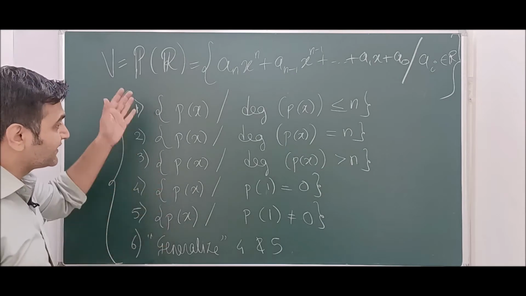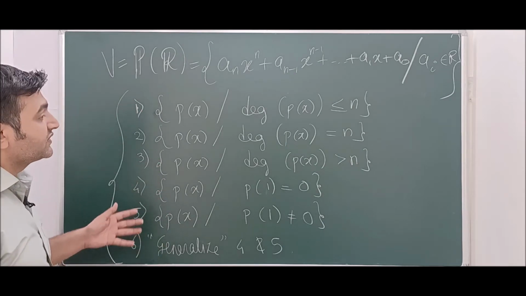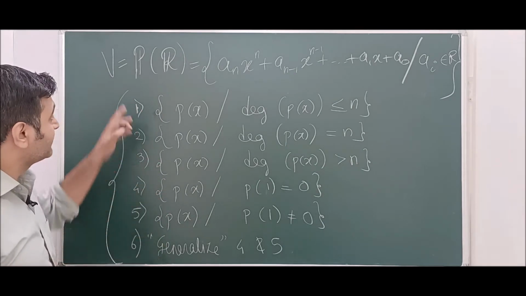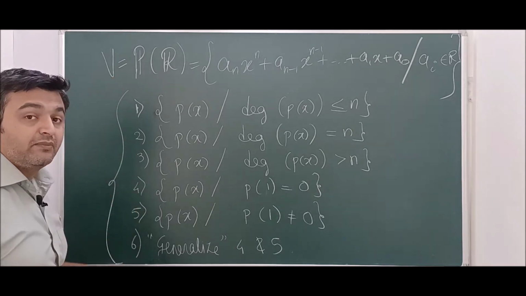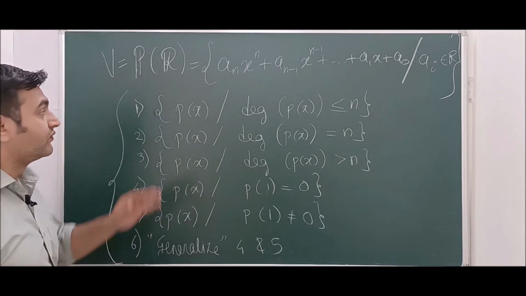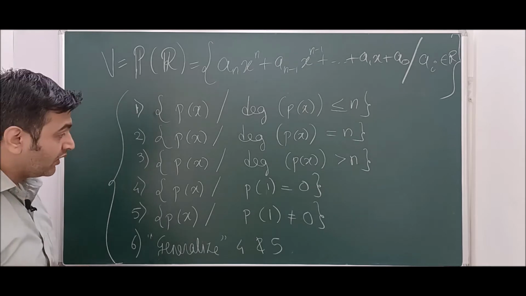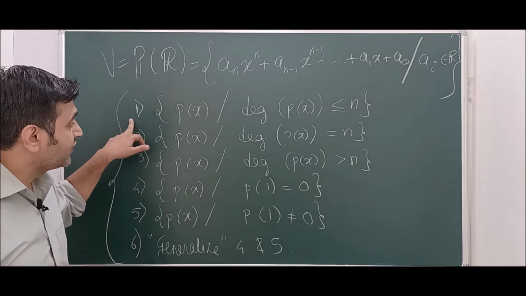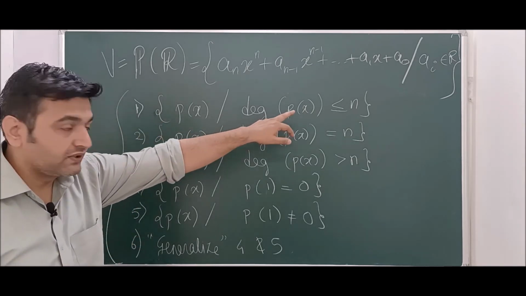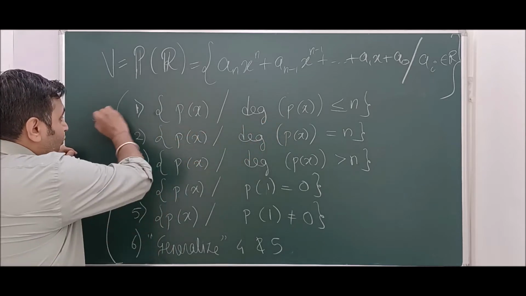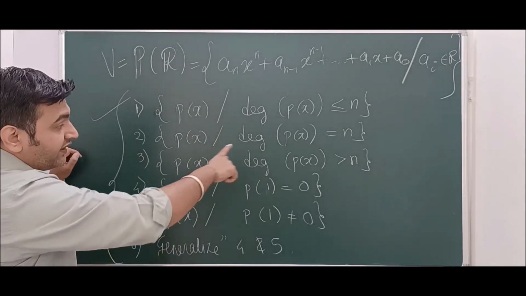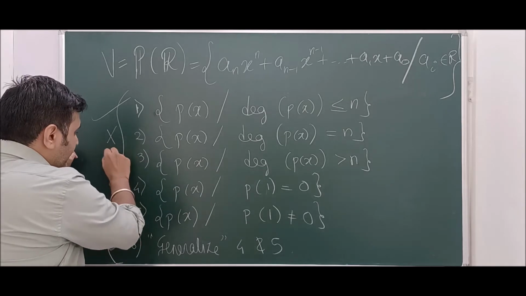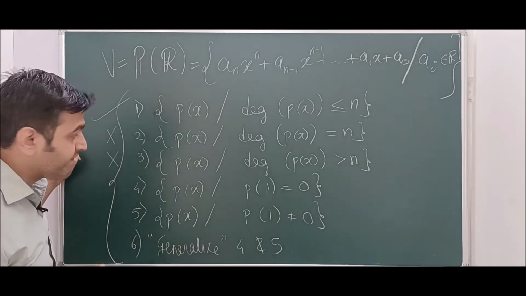I'm going to discuss these subsets with you, and we are going to see which of them form a subspace of this vector space and which of them do not form a subspace of the vector space V. So first is the set of all polynomials whose degree is less than or equal to n. We will see that it does form a subspace. Degree equal to n or greater than n does not form a subspace.